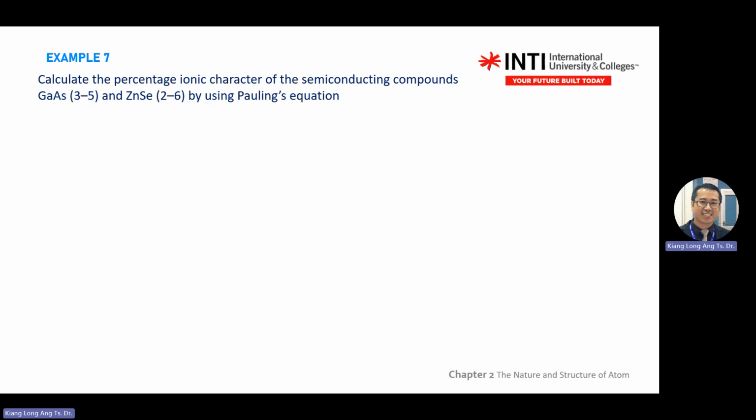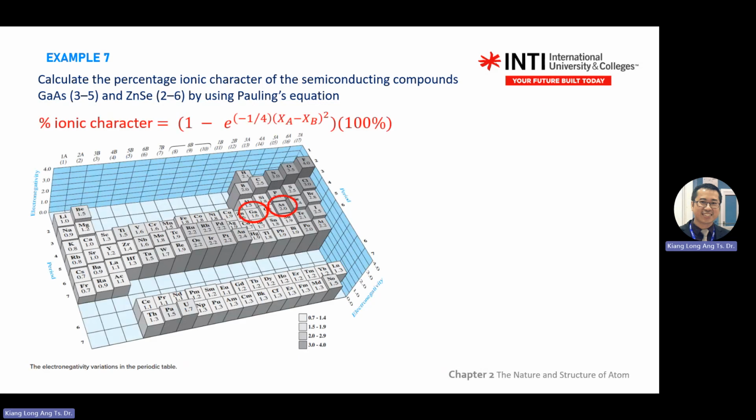Zinc is 1.6. Then XB, Se is 2.4. Can you try pressing the calculator?